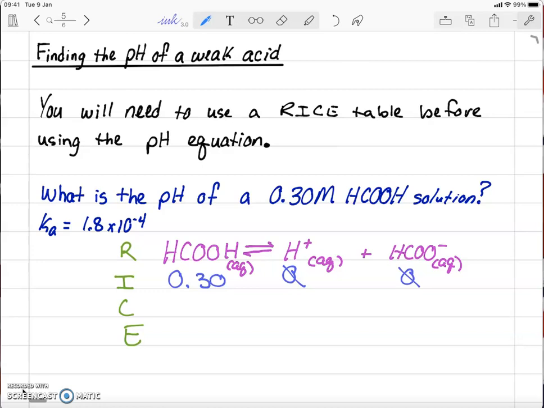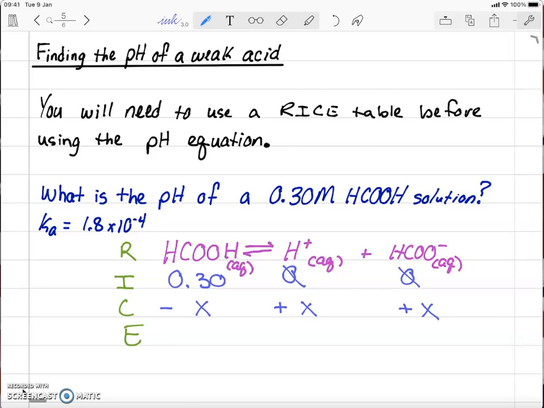Once the reaction started, we know that we're going to start losing some of the reactant and forming products, so those are going to be pluses. How much did we make? We don't know, so we're going to call that x. Technically it should be 1x because the molar coefficient out in front is 1, but it's okay to leave those ones off. And it'll be the same for those other two.